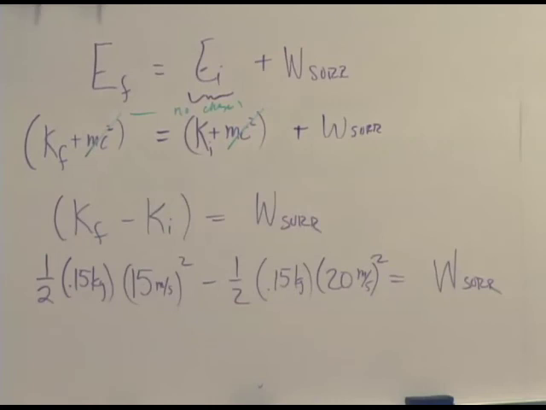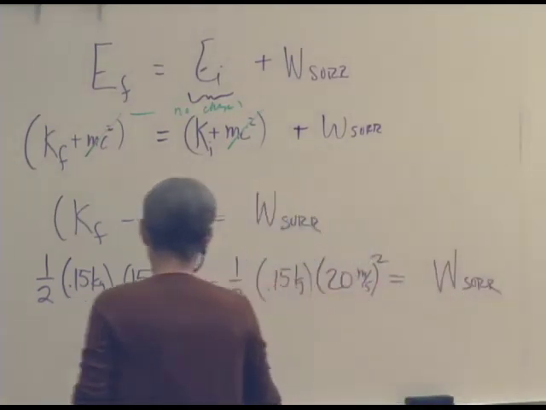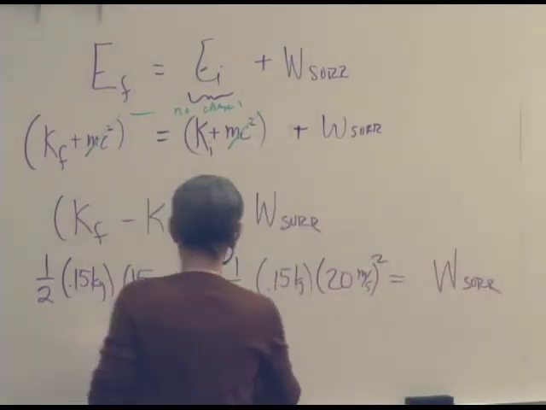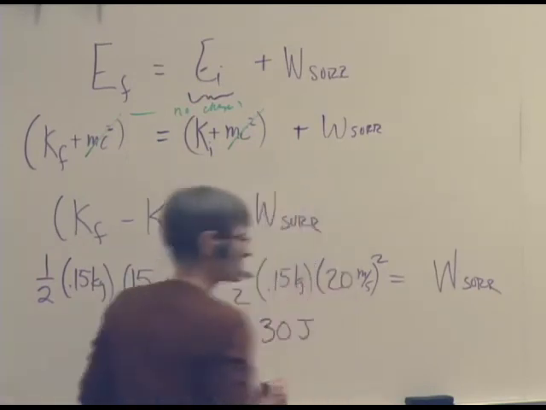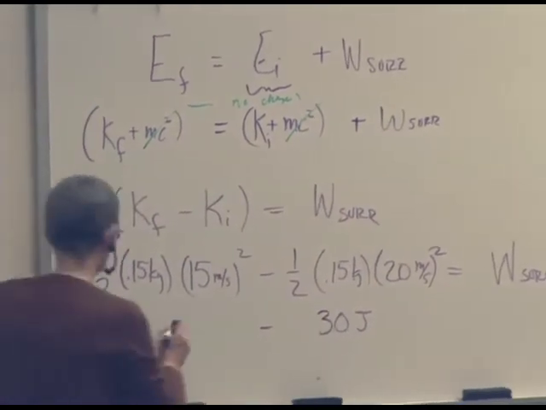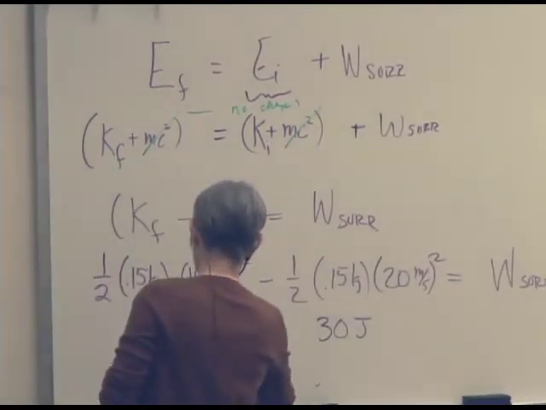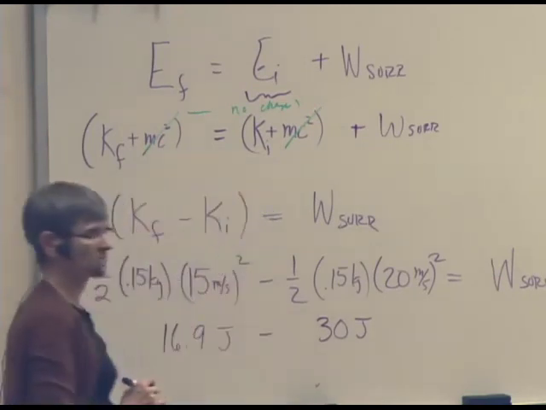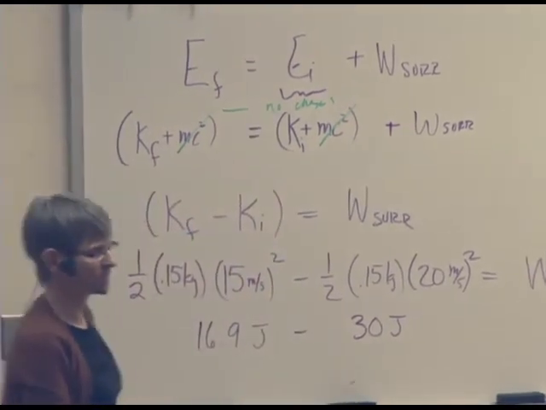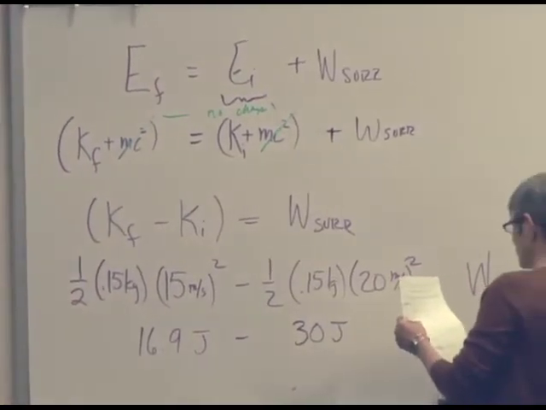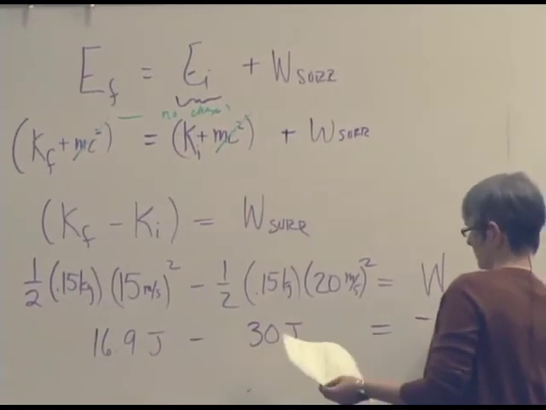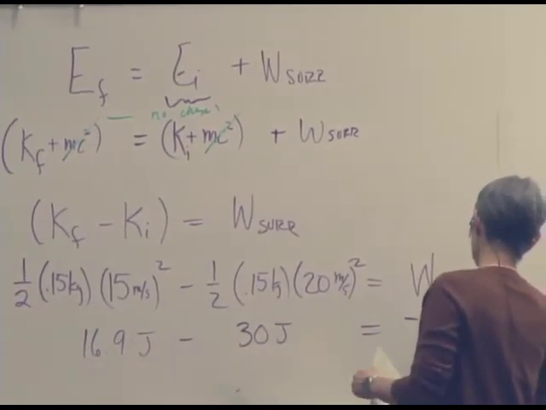And so what do we get? You could simplify that algebraically if you wanted to. I think that comes out to 30 joules. And I think this comes out to about 16.9 joules. Is that what you got? And so it looks like that's going to come out to a negative 13.1 joules, something like that.